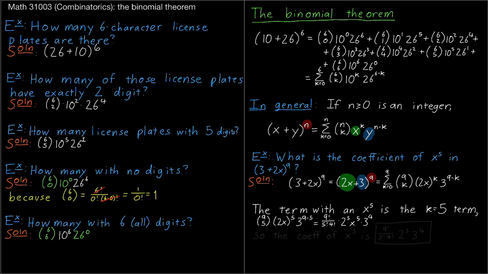And so the coefficient, which is just the number attached to the x to the 5th, is that expression: 9 factorial over 5 factorial, 4 factorial, times 2 to the 5th, times 3 to the 4th.